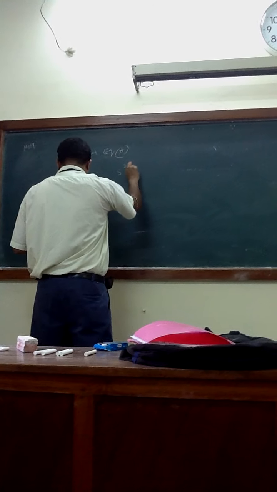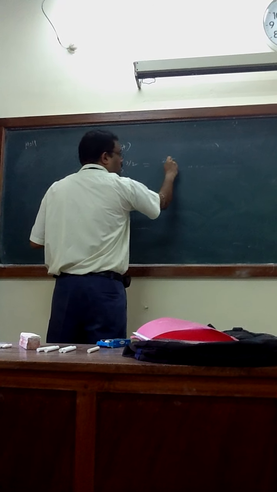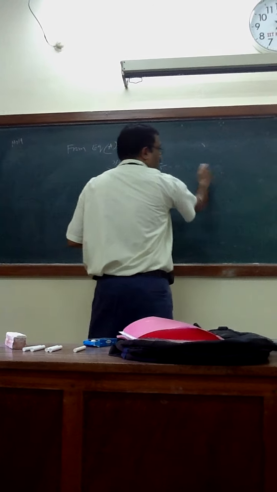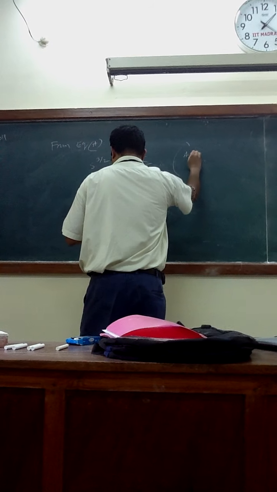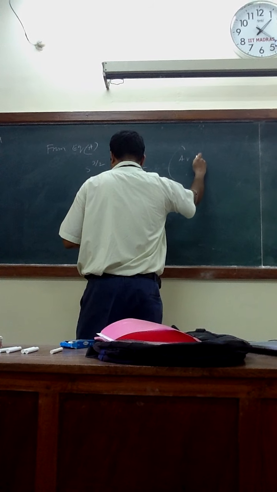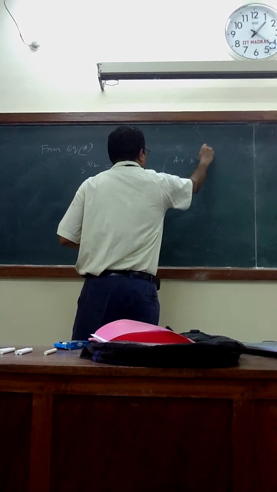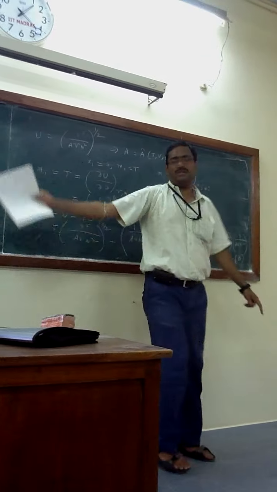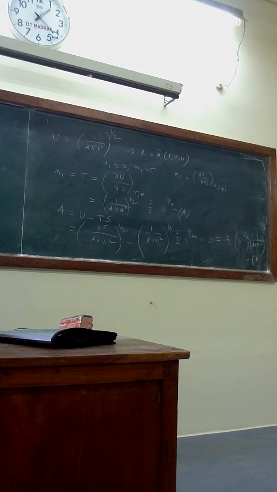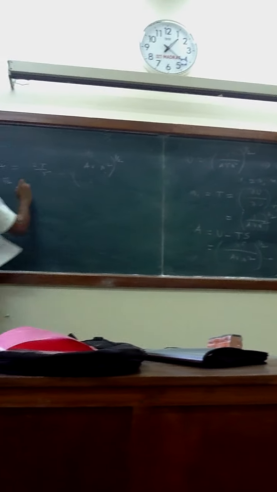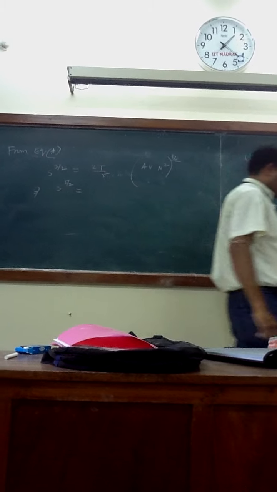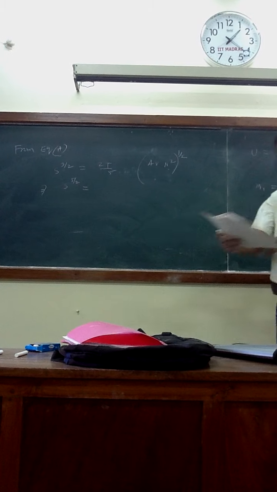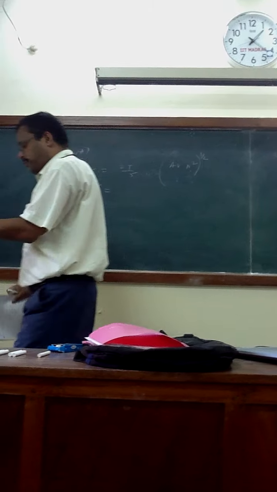So S to the power 3 by 2 you get as 2T by 5 into (A B N square) whole to the power 1 by 2. What do we want? We want S to the power 5 by 2. How much is S to the power 5 by 2 from this equation?